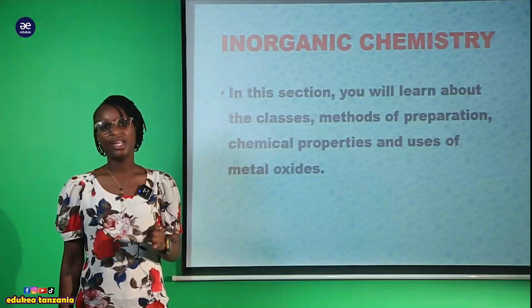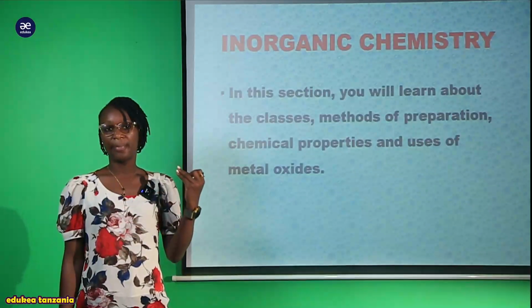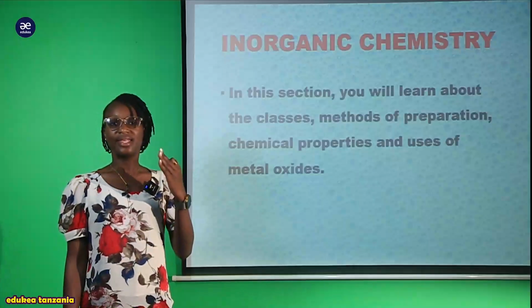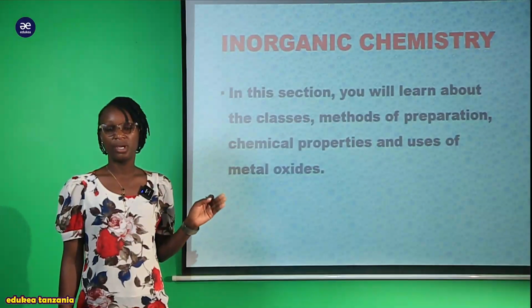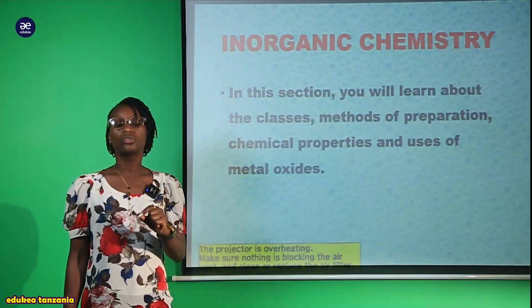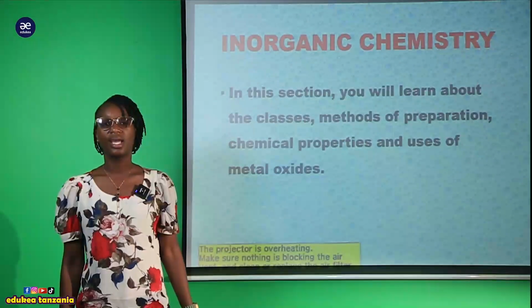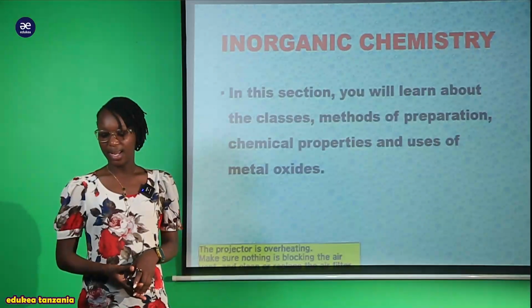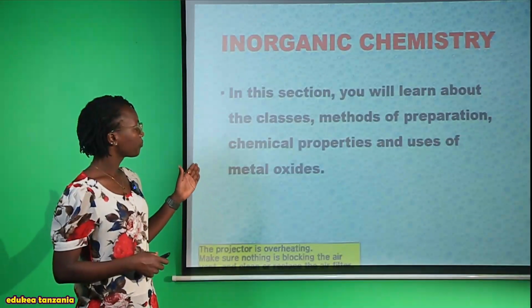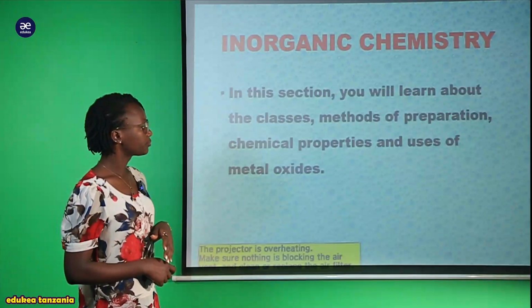Cha kwanza kabisa ni issue of the classes, but the pili ni issue of the methods of preparation of this metal oxide, and the third one is issue of the chemical properties of the metal oxide, and finally we are going to the uses. What are the applications? How can this metal oxide be applicable in our daily life? So these are the main coverage we are going to cover in this section.